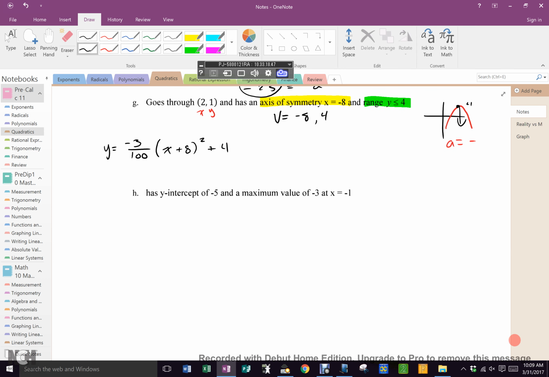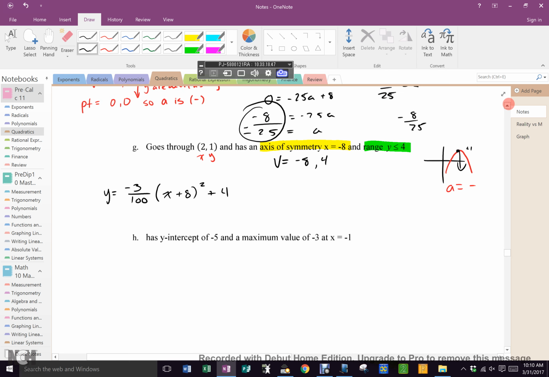Okay, so you guys should be able to do this guy, yeah? So y equals, you know it has to be, I'm just going to write a, okay? x plus 8 squared, yes?